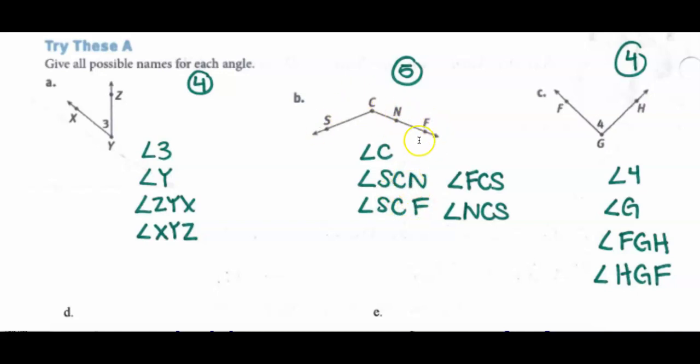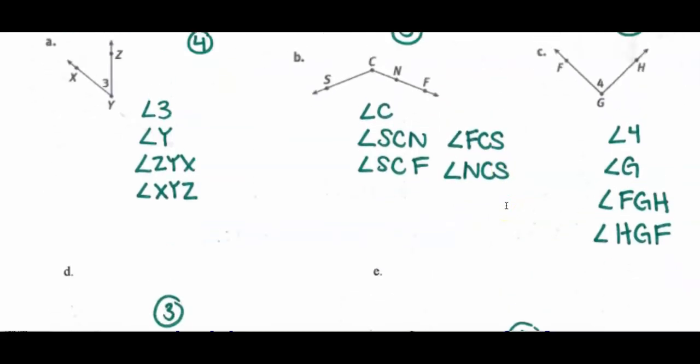And then reverse would be angle FCS here, or NCS. So those are the 5 names. Part C, angle 4 or angle G, and then 3 letters FGH or HGF. Okay? Let me know if you have a question on these.